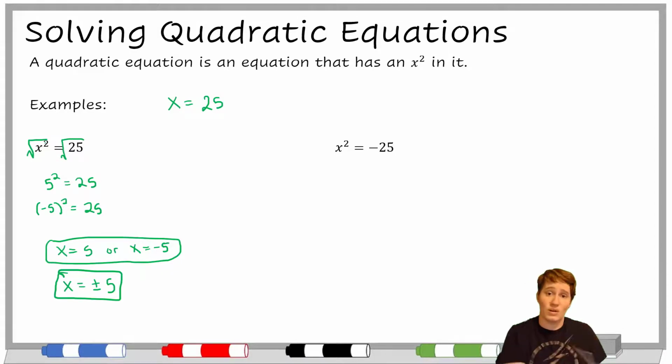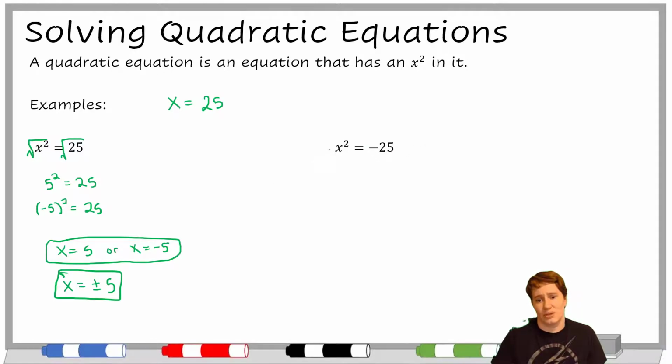And if we do it on one side of the equation, we have to do it on the other side, otherwise we're not keeping things equal. So we square root both sides, and that makes the squared go away from the x, because the square root of x squared is x. And then we square root the 25, and we have to know that there should be 2 answers here, so we get plus or minus. That's one of the trickiest things starting off with this: remembering that plus or minus that keeps happening.